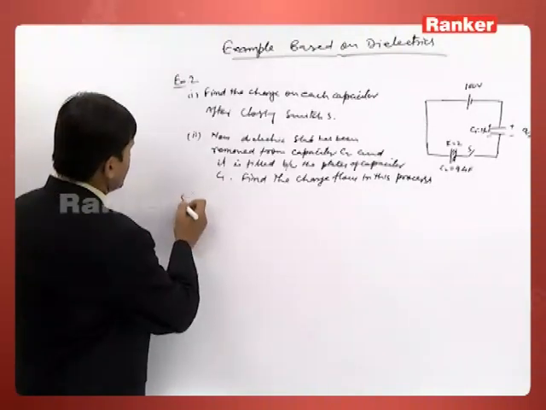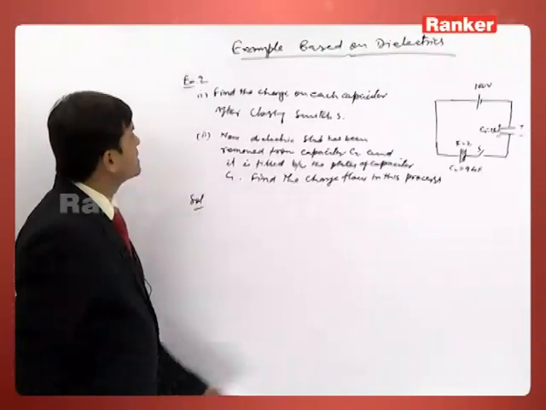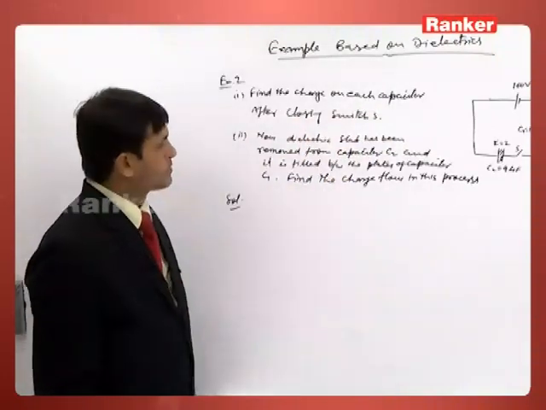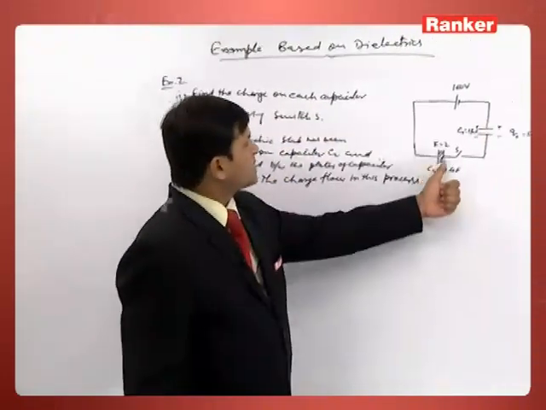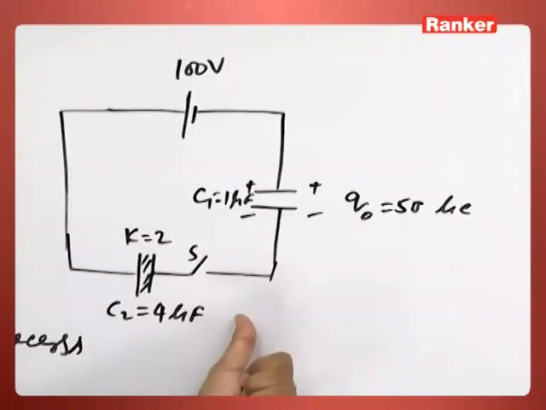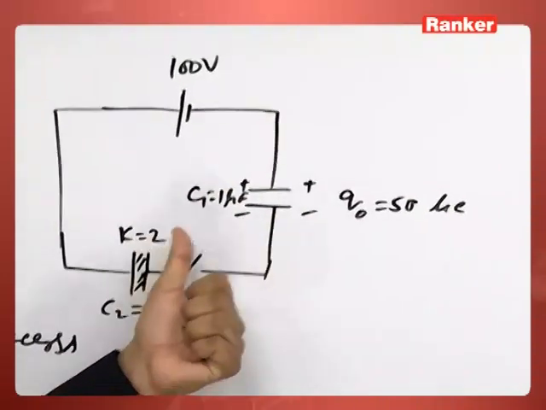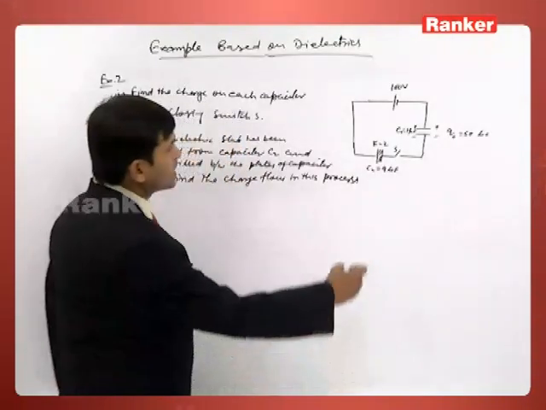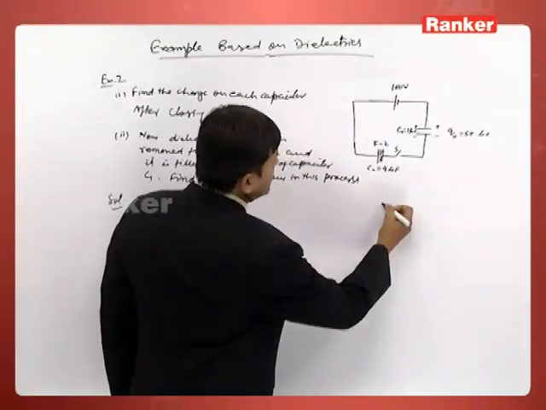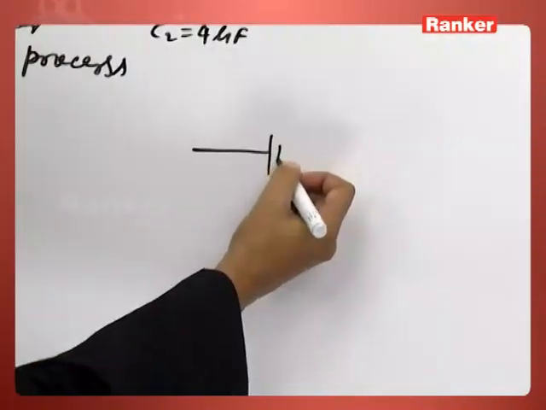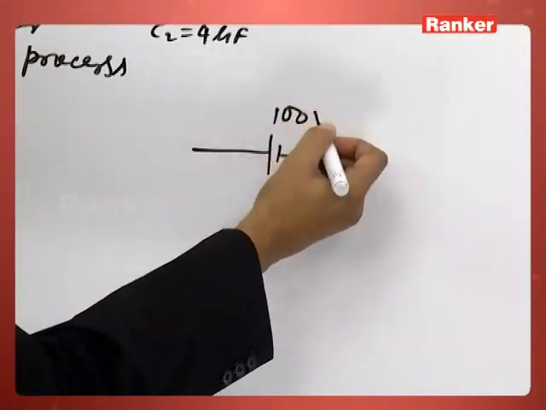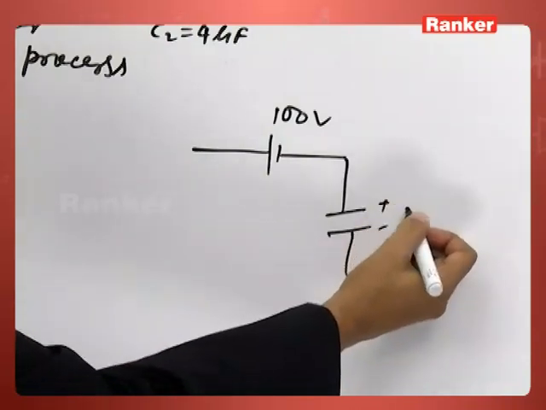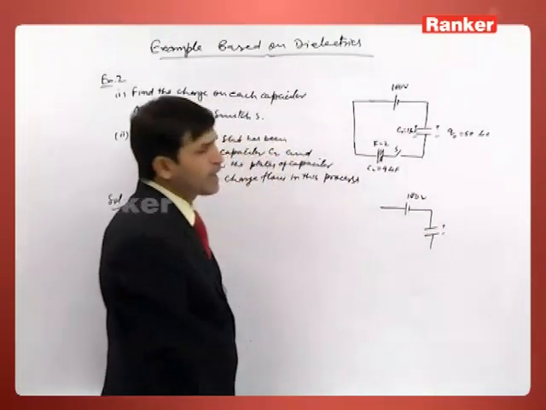See, in the first part, find the charge on each capacitor after closing the switch. So in that case, when the switch has been closed, finally the flow of charge will stop when both of these reach the same potential. So we can make a diagram like this. This is your 100 volt battery and here it is given the initial charge of 50 microcoulomb.